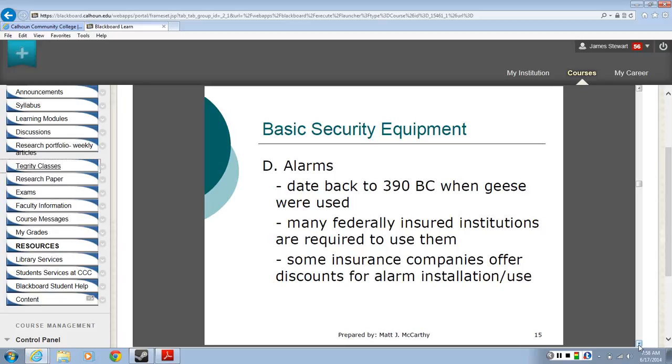Alarms are also one of the basic pieces of security equipment. They've also been around for a long time. You can put some tin cans on a piece of fishing wire and somebody trips over it, you're going to hear it. Somebody's breached your perimeter. That's what they did even as late as the Vietnam War.